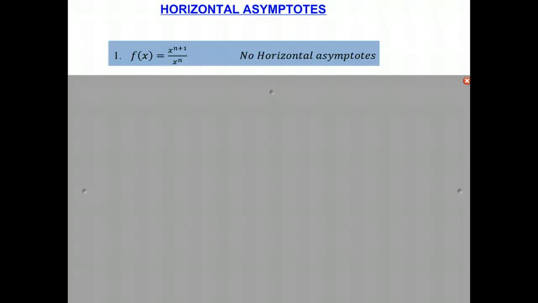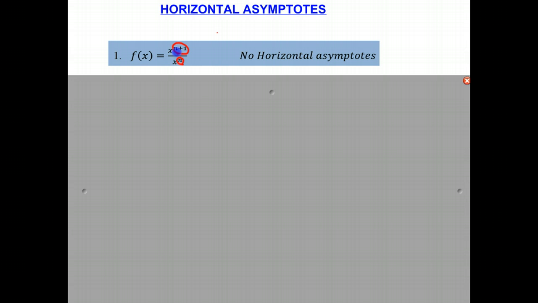With rational functions, there are ways you can tell if they have horizontal asymptotes. It turns out that if the degree of the numerator is larger than the degree of the denominator, then there are no horizontal asymptotes.